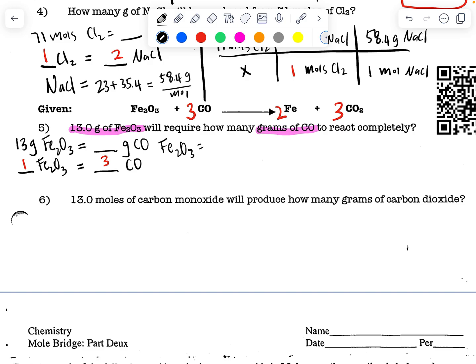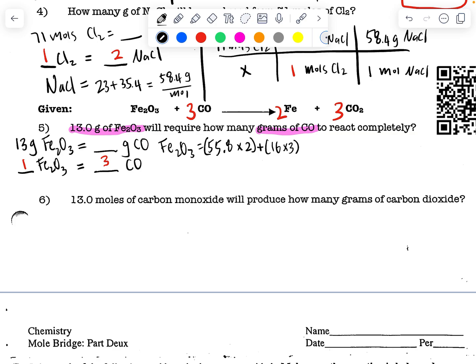Fe2O3. What is the molar mass of that? Fe, iron, is about 55.8. And I have to make sure to multiply that by 2. Why is that? Because I have this subscript. So go ahead and multiply these 2 parentheses. And one more, oxygen is going to be 16, and there are 3 oxygens, so that's 48.